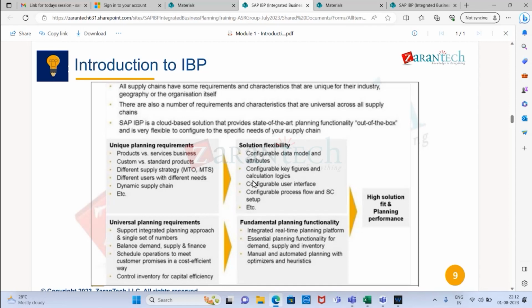Whereas on the other side, the MTS products are very, very standard products. These are bought eventually, I would say in the best case scenario, every month by specific customers. And this one product is bought by several different customers.